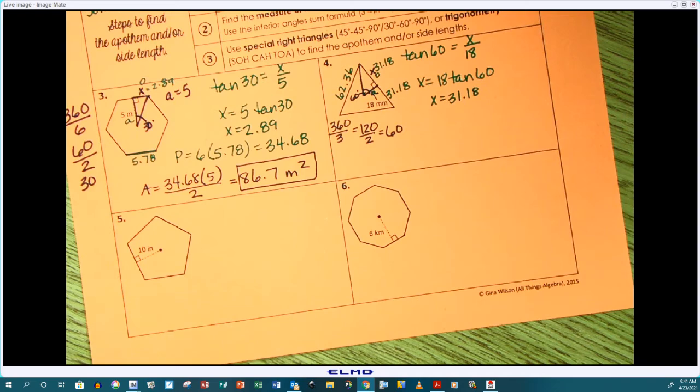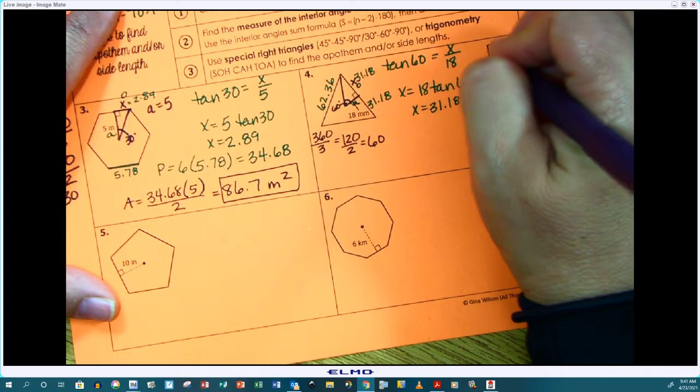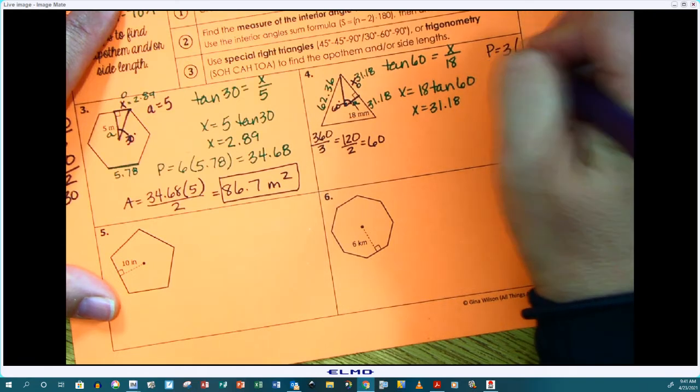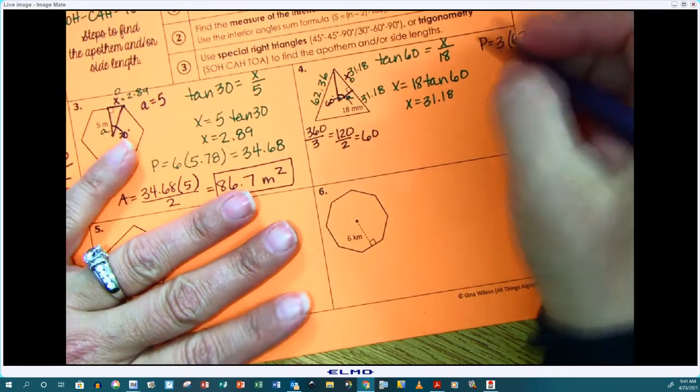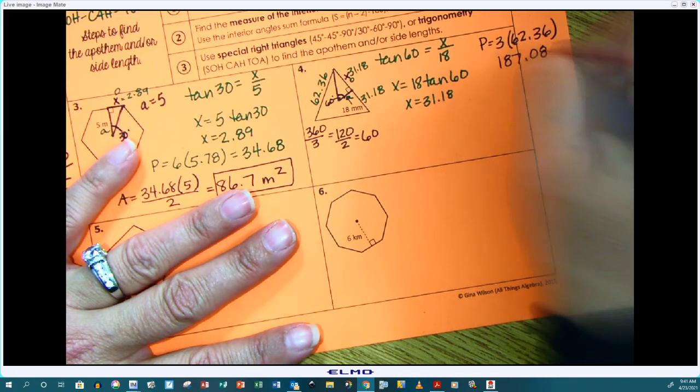Well, now I have enough information to find the perimeter. The perimeter is 3 sides at 62.36, so 187.08.